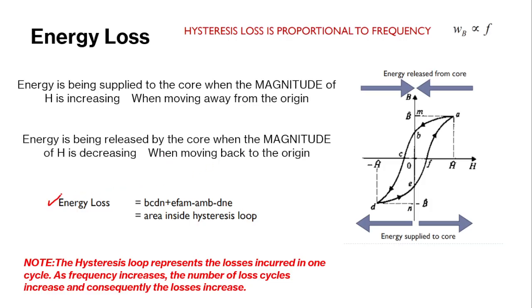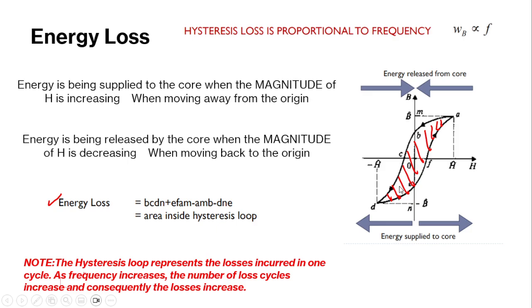So the energy loss is basically just this here. The hysteresis loop will represent the losses incurred in one cycle. As the frequency increases, the number of loss cycles increases. So remember, this loss here is for one cycle, right?